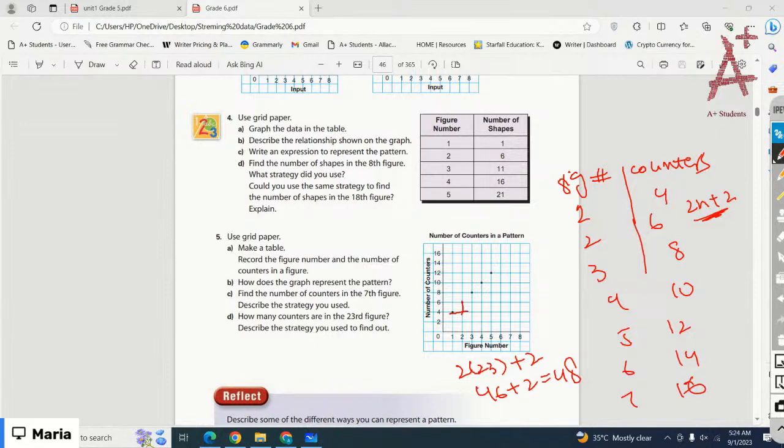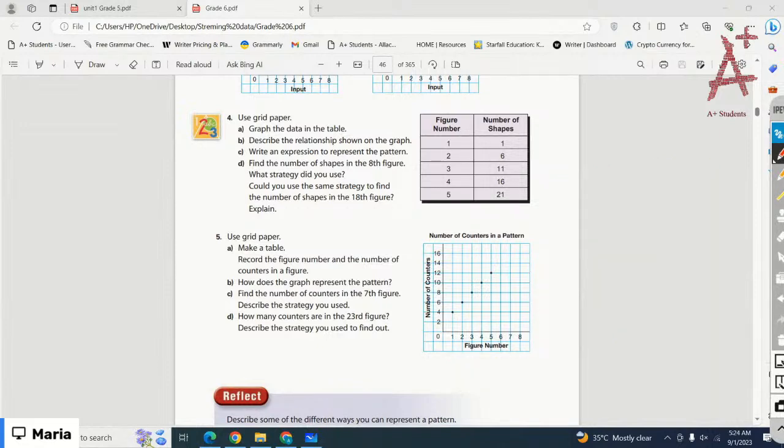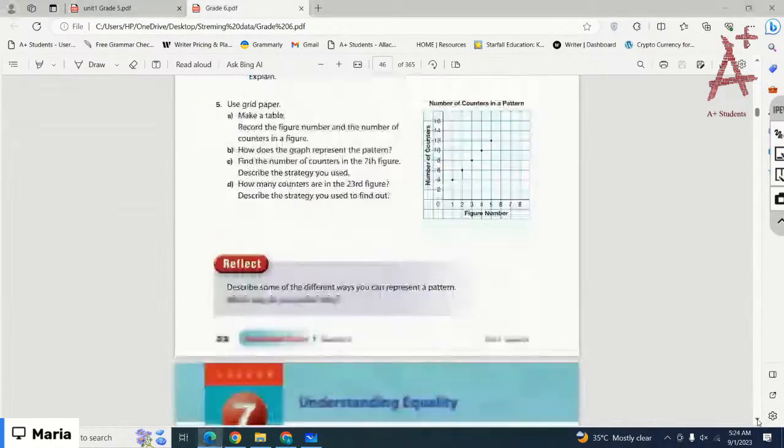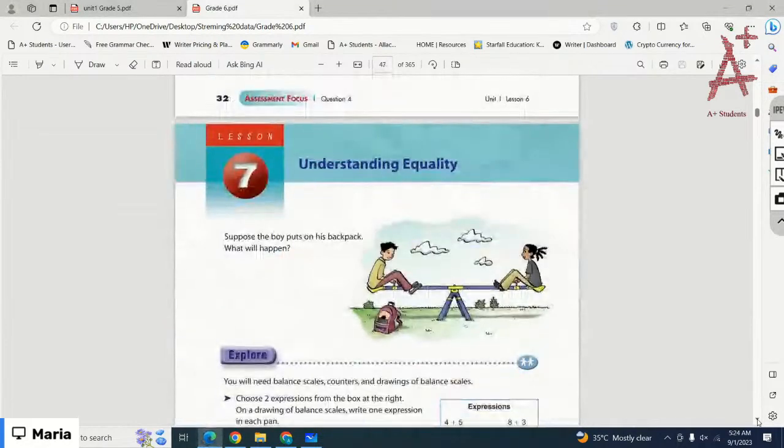Okay, let's just start with the next lesson. Understanding equality.